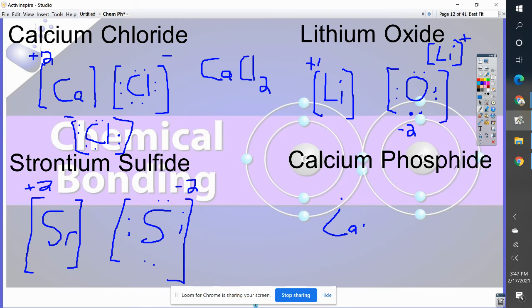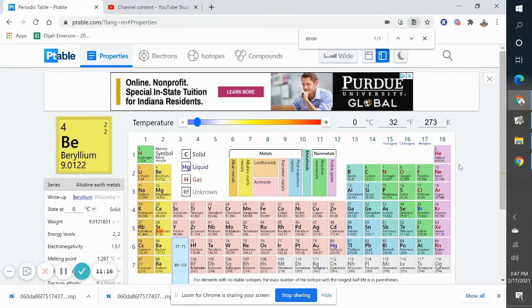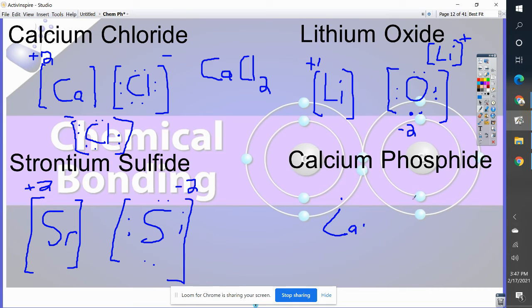Phosphide is phosphorus, if it were happy, and this is a pH, not an F. And it is just capital P, and it has 5 valence electrons, 15 minus 10, 5. Phosphorus has 5. So capital P, and it has 5. 1, 2, 3, 4, 5.